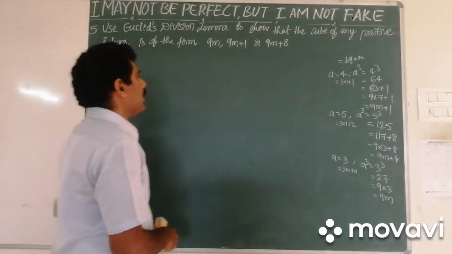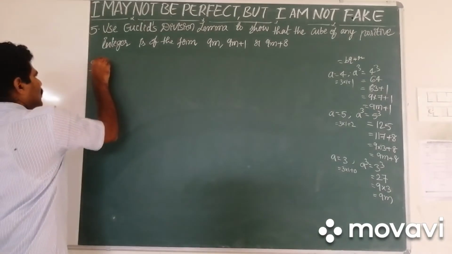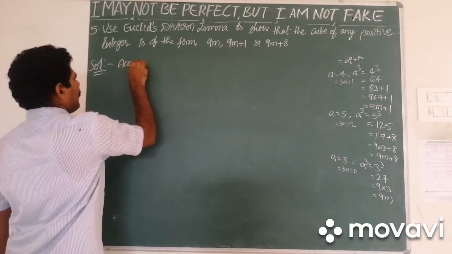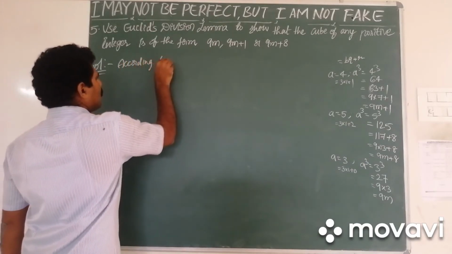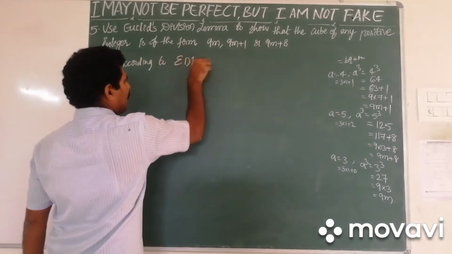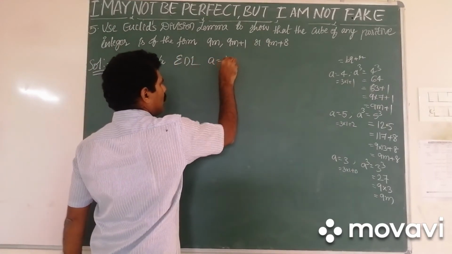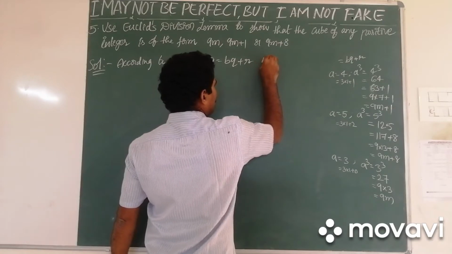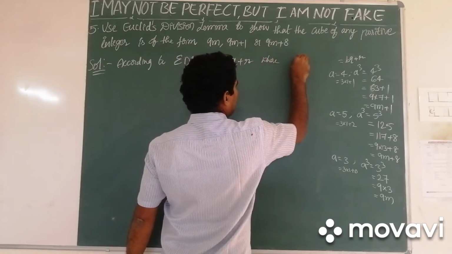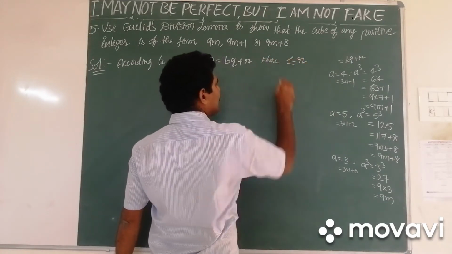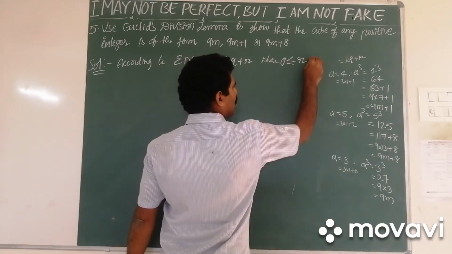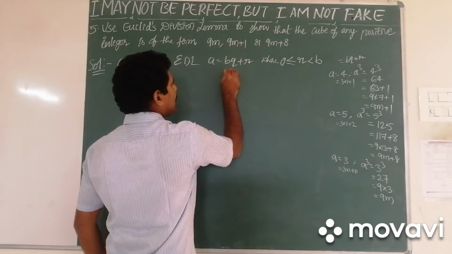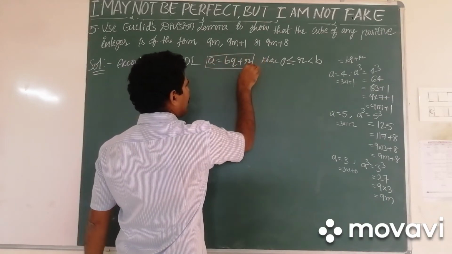Now, to solve this problem, according to Euclid's division lemma, a is equal to bq plus r, where r is greater than or equal to 0 but less than b. Let this be equation 1.